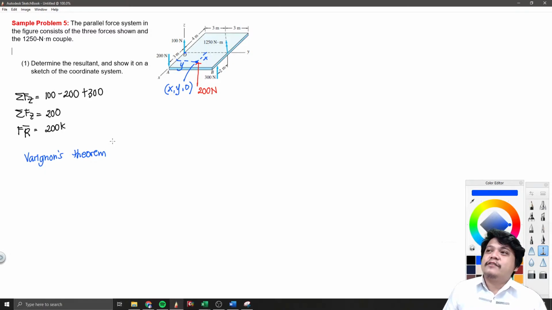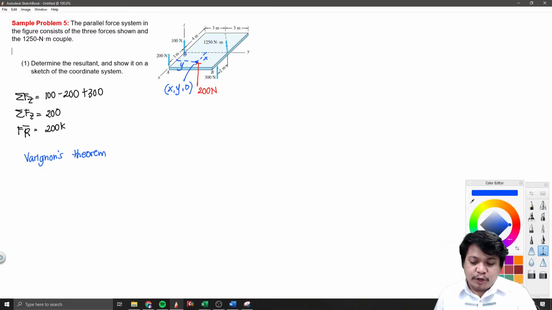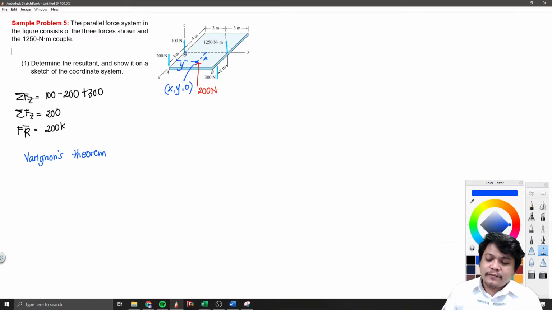Since you have there the 200 Newton, kapag nag-moment ako about point O or any other points, using all the forces, it should become equal to the moment created by the resultant, which is 200. So, I will take the moment at point O.